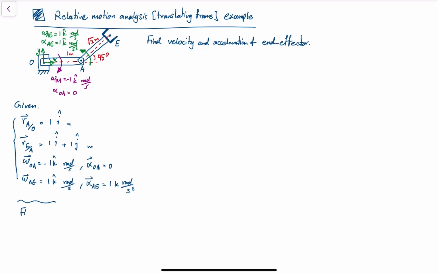What I need to find, I need to find VE and AE. I want to find these two relative to the base, so absolute velocities and acceleration. What can we do?